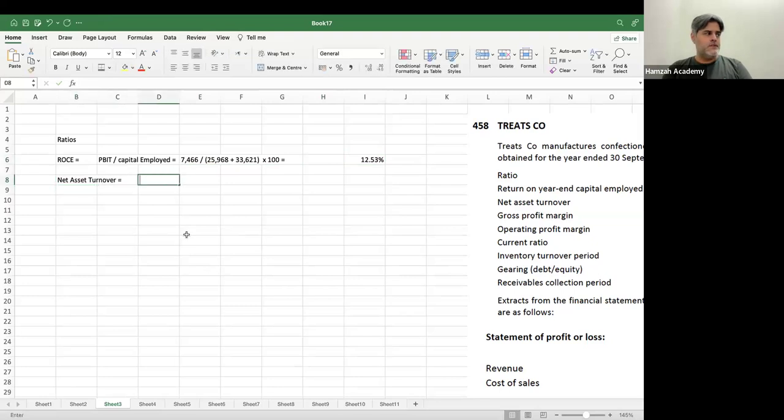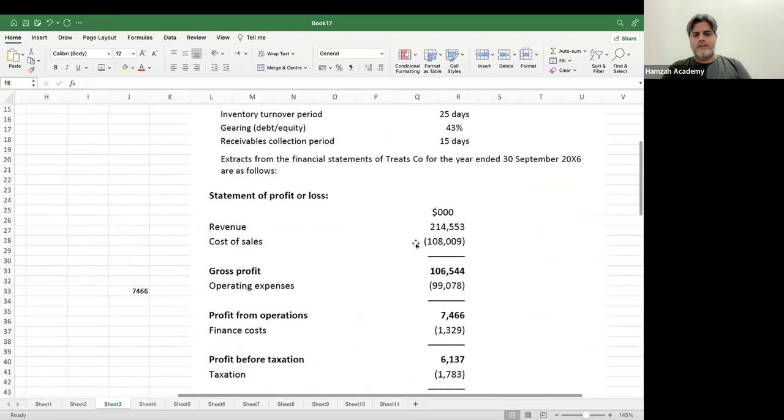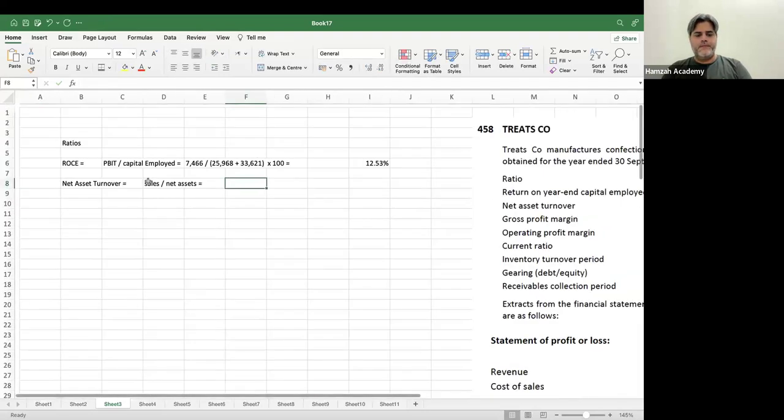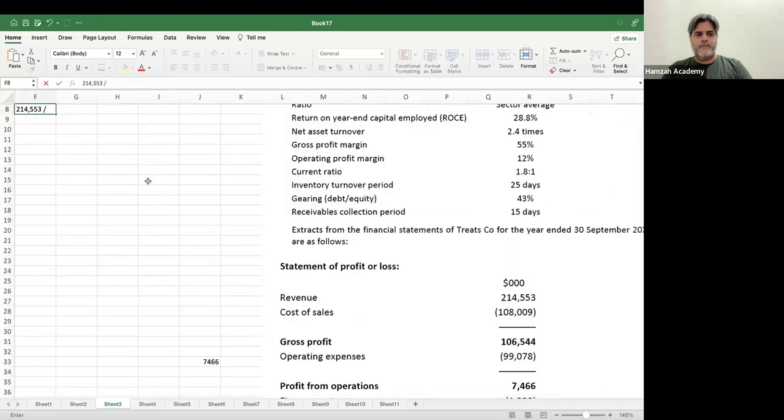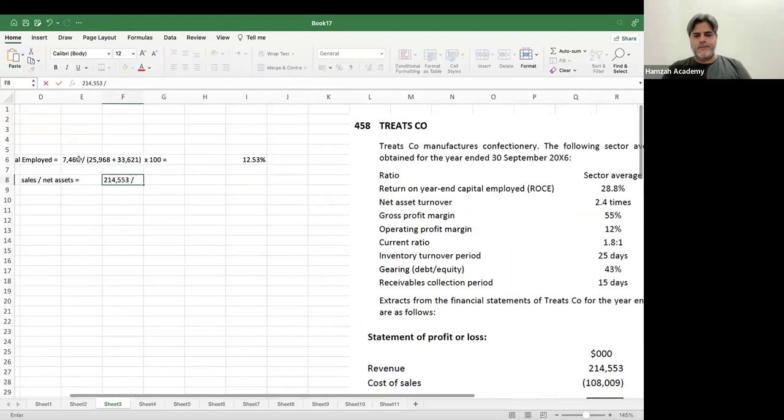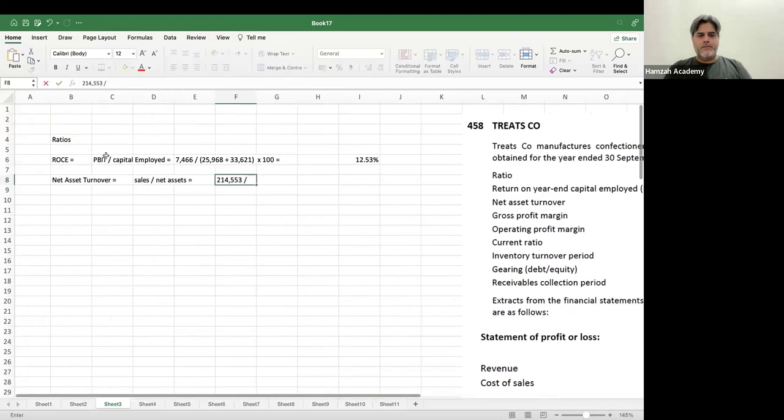The second ratio is the net asset turnover. The formula is sales over net assets. The sales are 214,553 divided by net assets. Net assets are the equity portion, which is 25,968, already calculated.